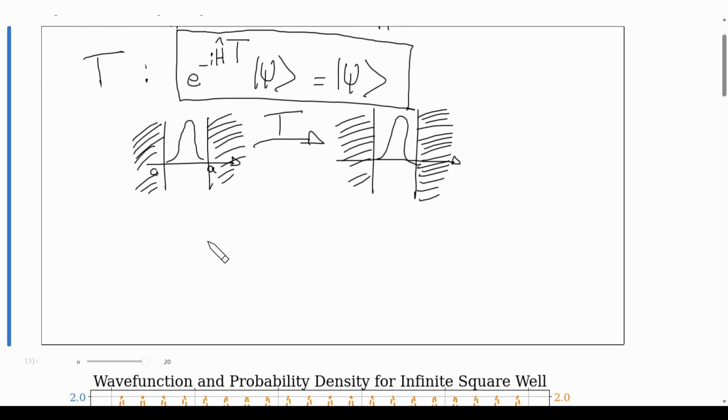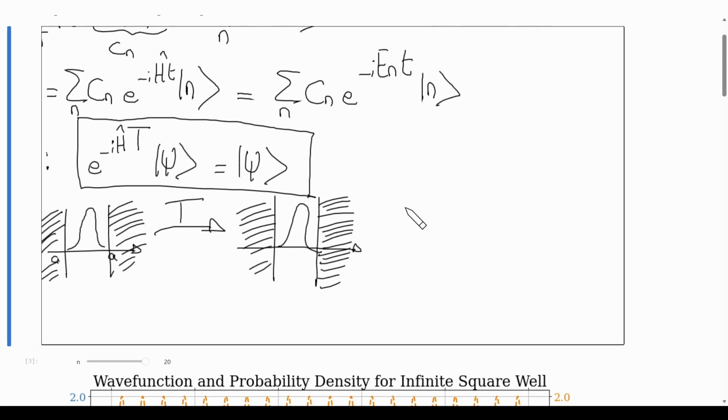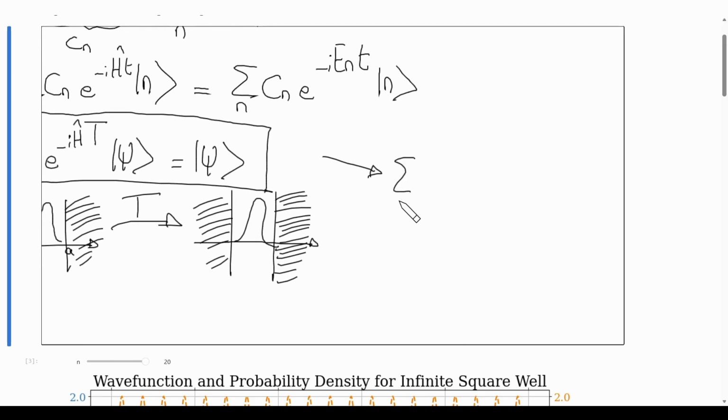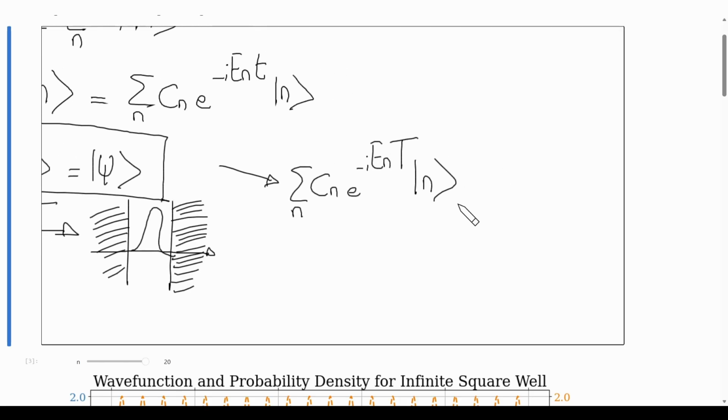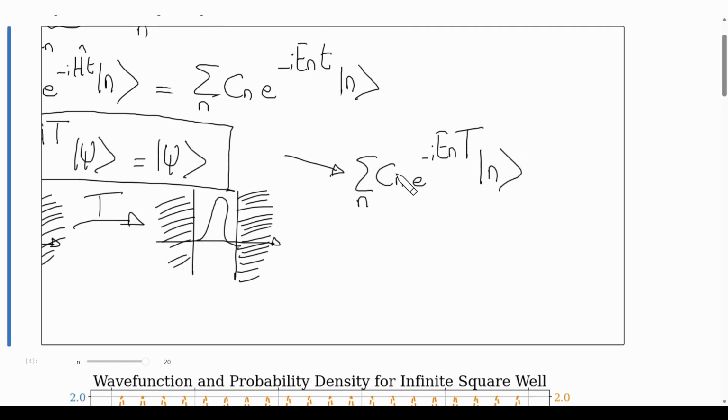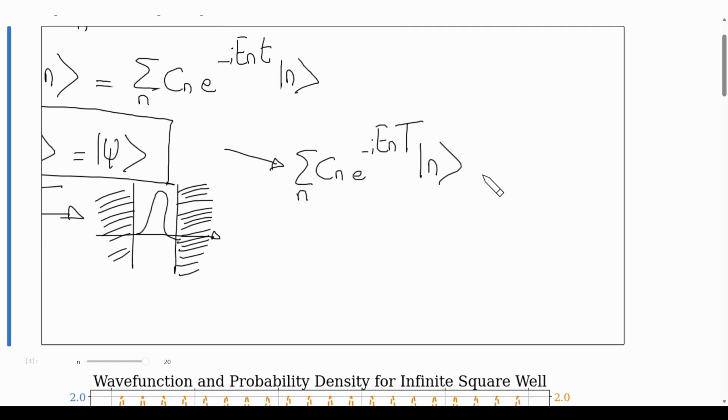Well, it is, and we will see that it's simply a matter of finding the right time t such that the evolved state is equal to the initial state, which was a sum over n of Cn times n.